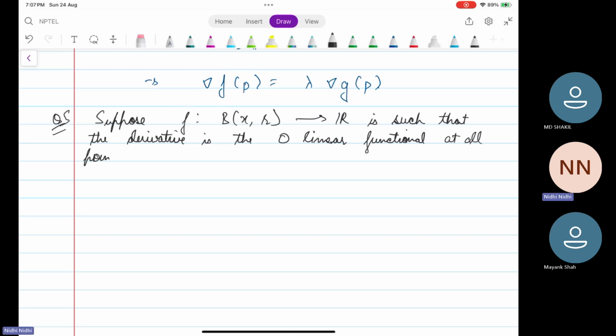At each point, the derivative is the zero linear map. What can you say about the function? So what can you say?